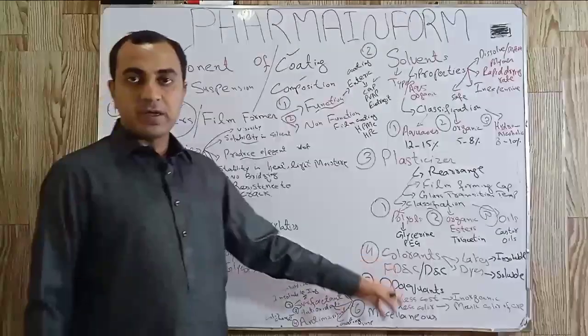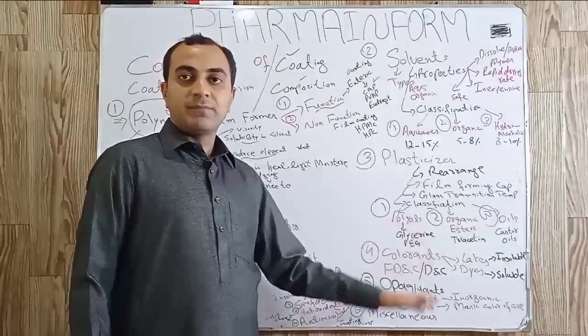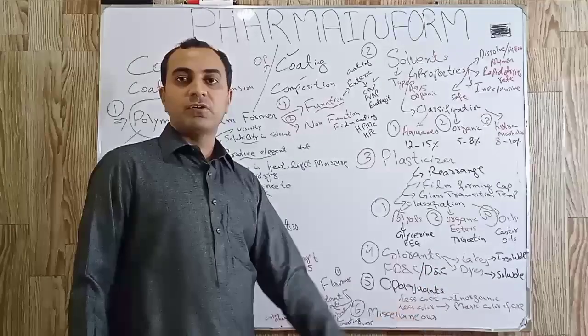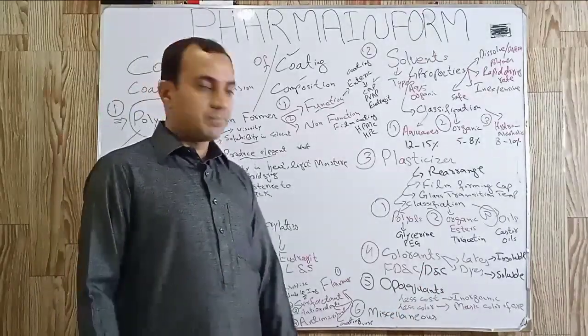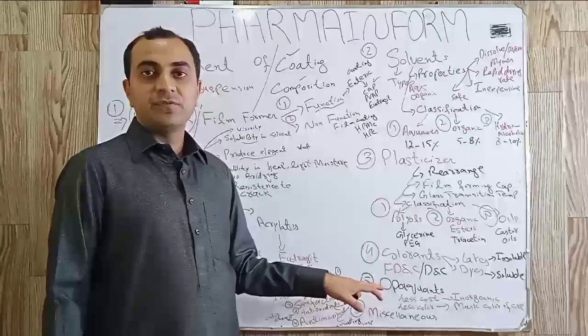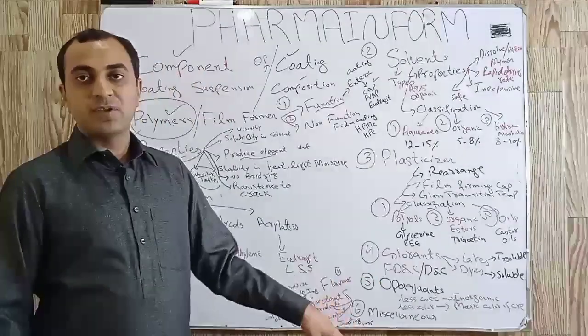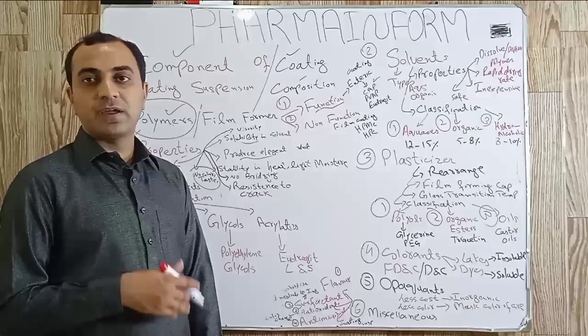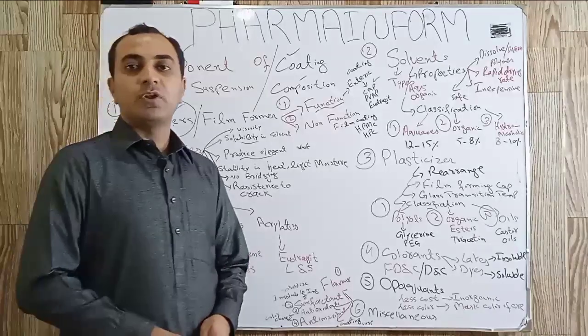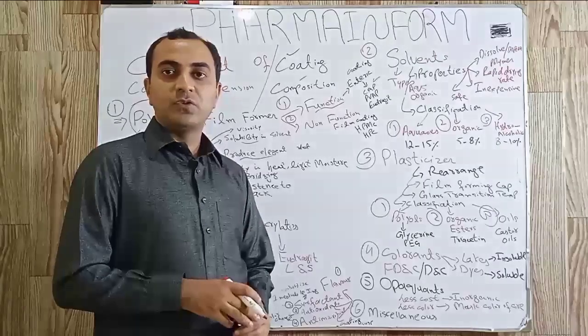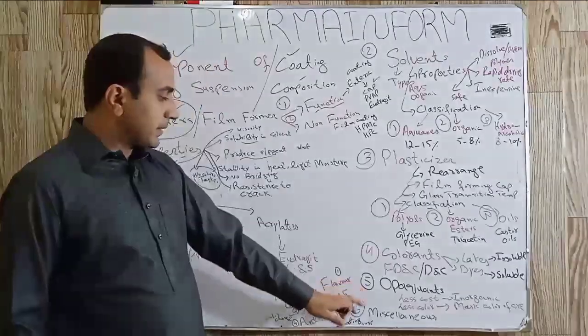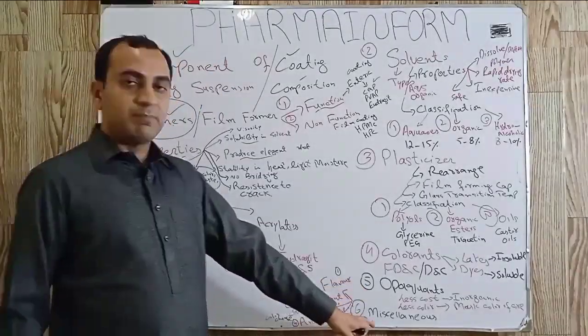When we use opacifiers as a base, we require less quantity of colorants to achieve the desired level of the color. Colors are expensive, opacifiers are less expensive. So when we use opacifiers in our formulation, we require less quantity of colorants to achieve a good and uniform level of the color.